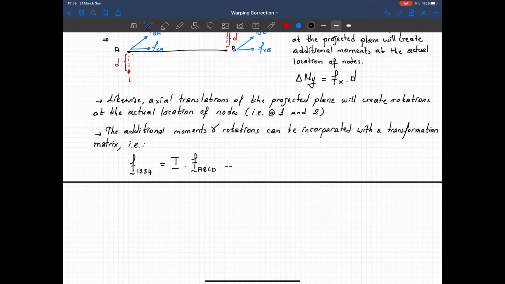So let's call this one equation plus, and I can write the same thing for the displacements, and when you do that, the relationship for the displacements is just equal to the transpose of the transformation matrix. So U1, 2, 3, 4 will be equal to U at the projected plane.